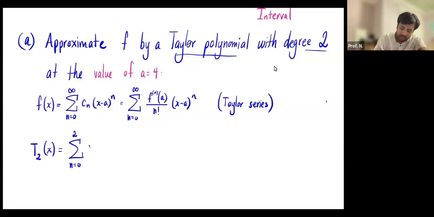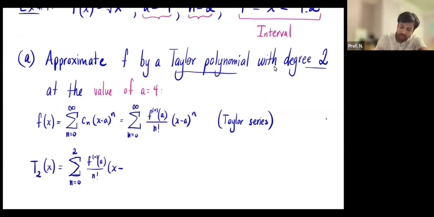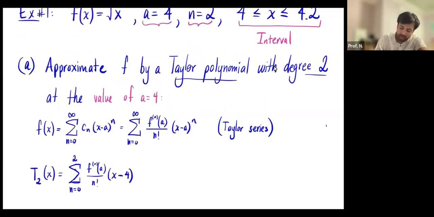And then this would be the same thing again. It should be the nth derivative at a over n factorial times x minus a, and my a value here is 4, so I'm going to replace that with 4 instead, to the nth power.